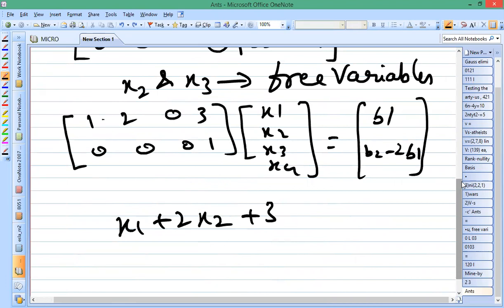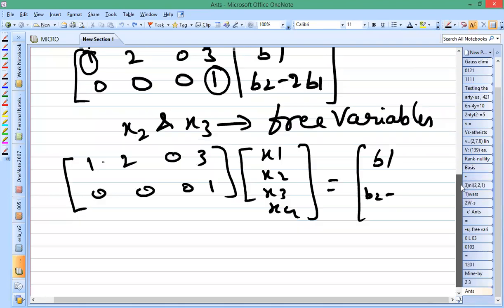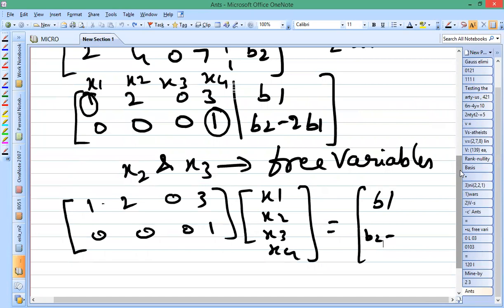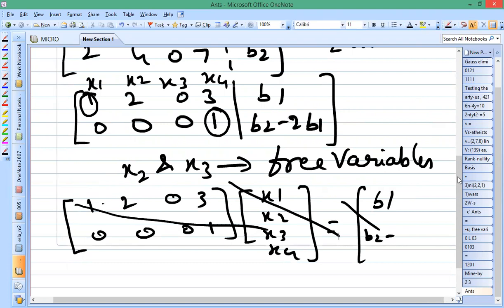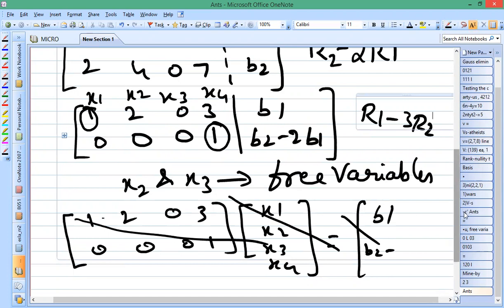Just wait a minute. Obviously x2 and x3 are free variables, but let me apply one more operation, R1 minus 3R2, otherwise it will be difficult to write a solution.